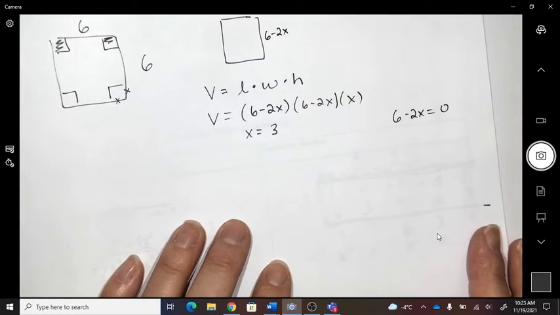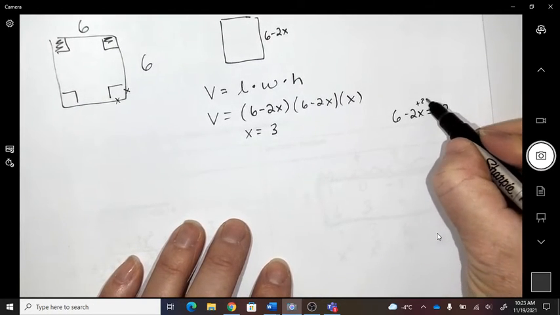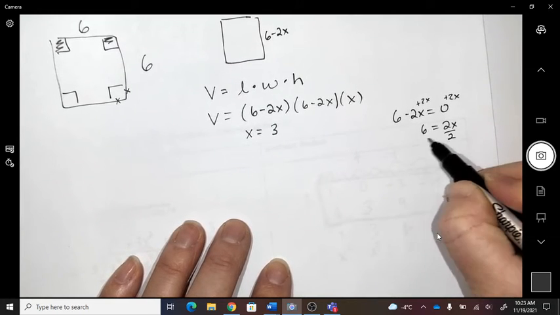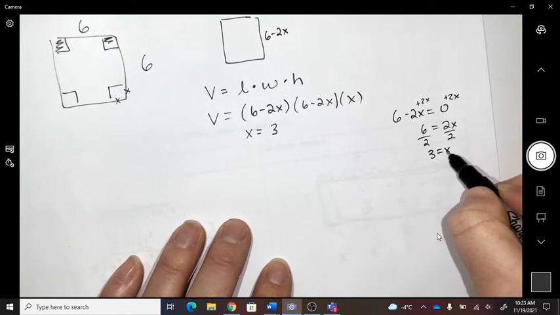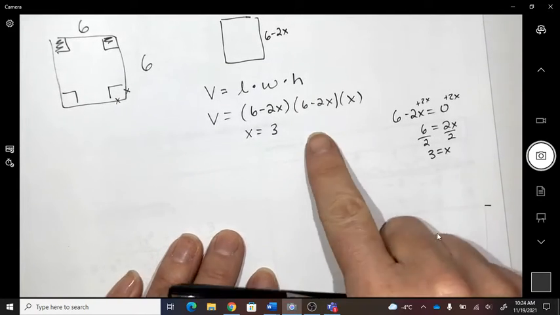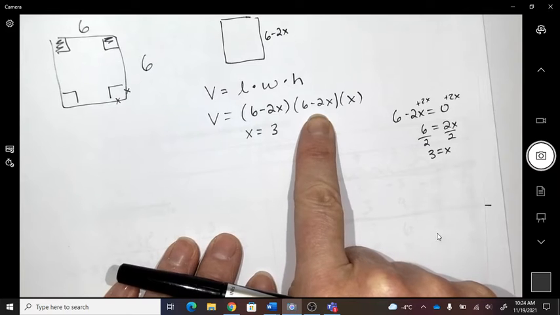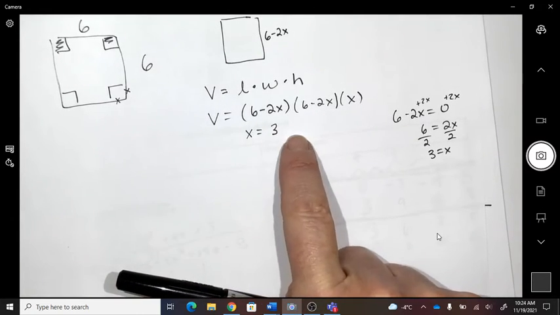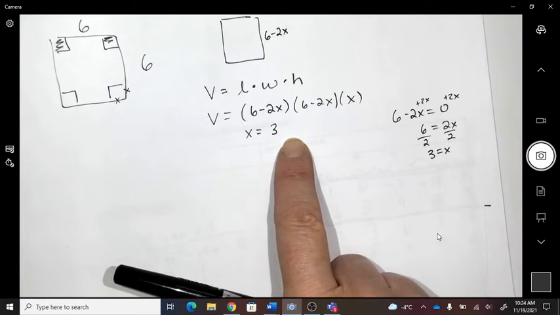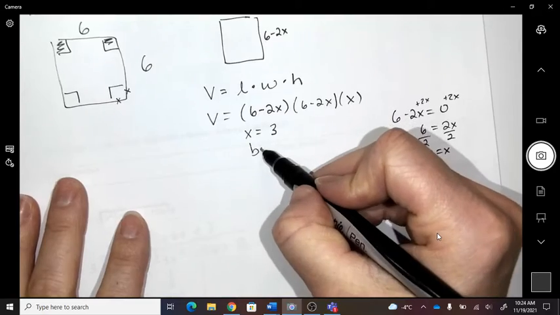I want that to equal 0. So if I add 2x, 6 equals 2x. x will have to equal 3 for that bracket to be 0. Okay, this is also 3. It's a repeated one. So on my graph, what's occurring if that repeated twice? Bounce.